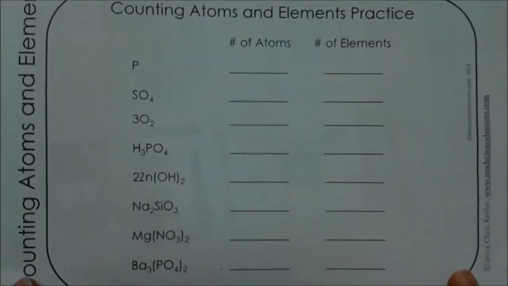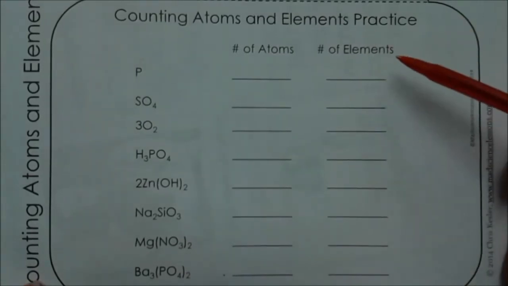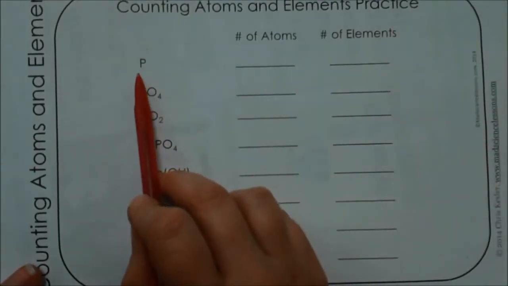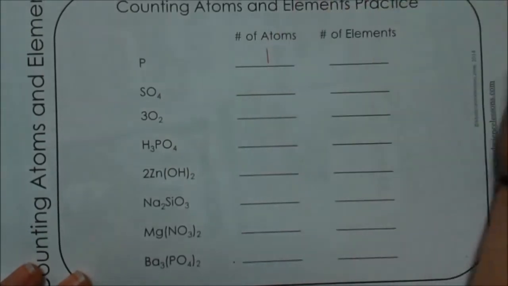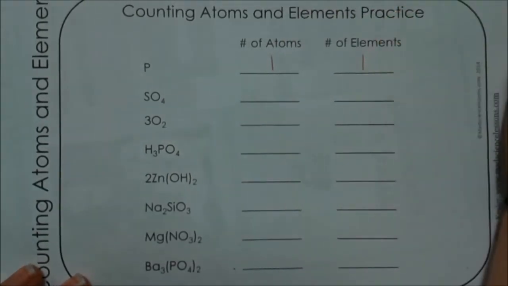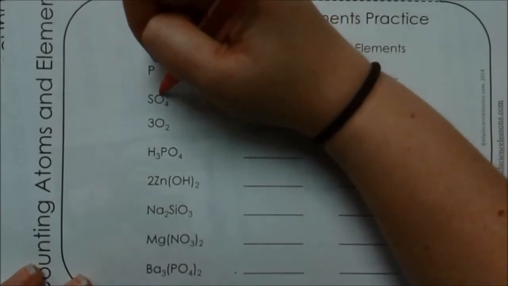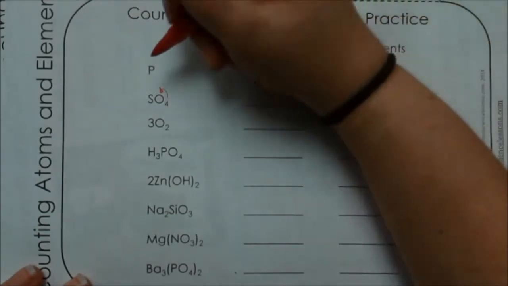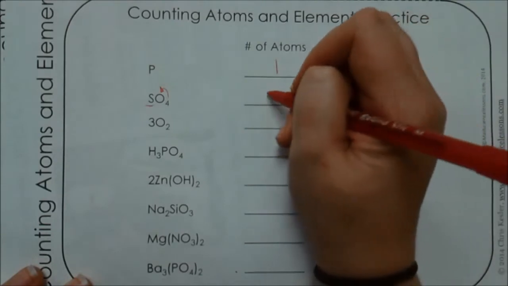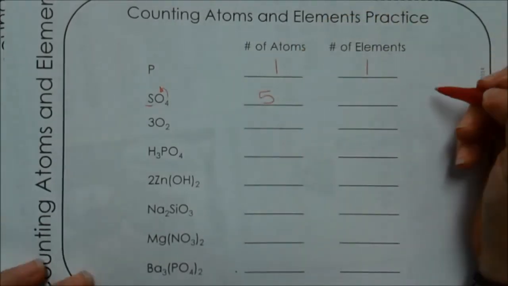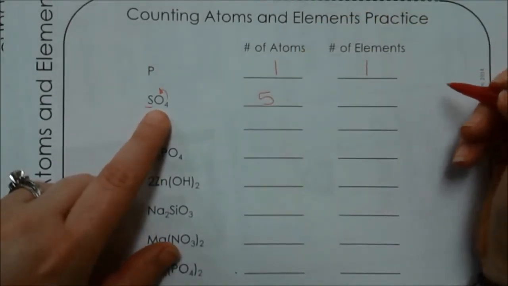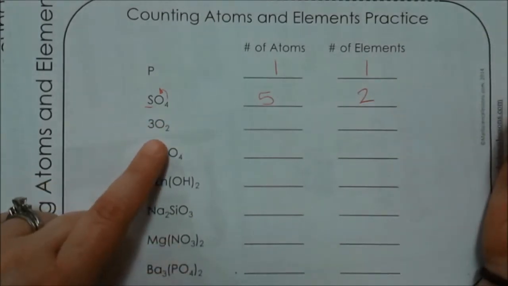Last worksheet for today, we're going to count the number of elements and atoms. So in here, there's only one atom, and it's one element, phosphorus. Here, there are 4 oxygens plus 1 sulfur is 5 atoms. The total number of elements is sulfur and oxygen, 2.